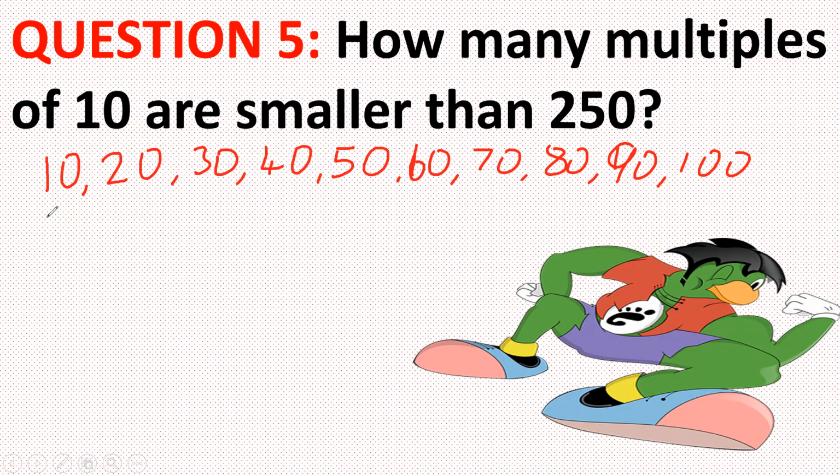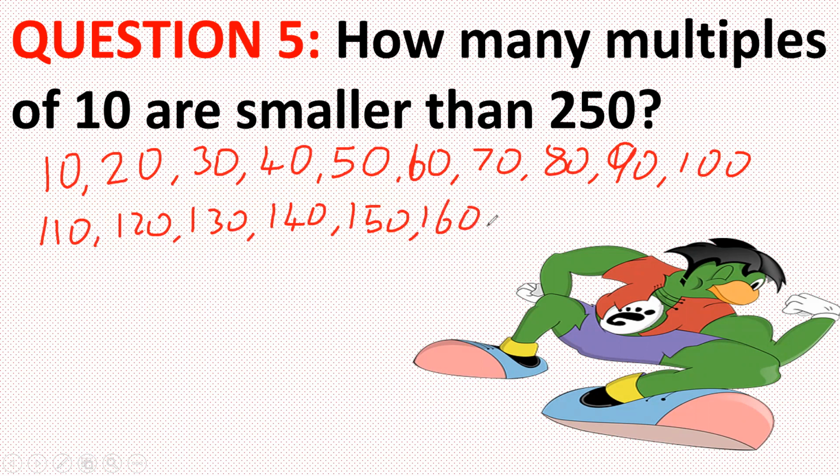Then 110, 120, 130, we can just write, but it's a long way, just to make sure we are writing down all. So 150, 160, we are writing all multiples of 10. So 170, 180, 190, and the next number is 200.